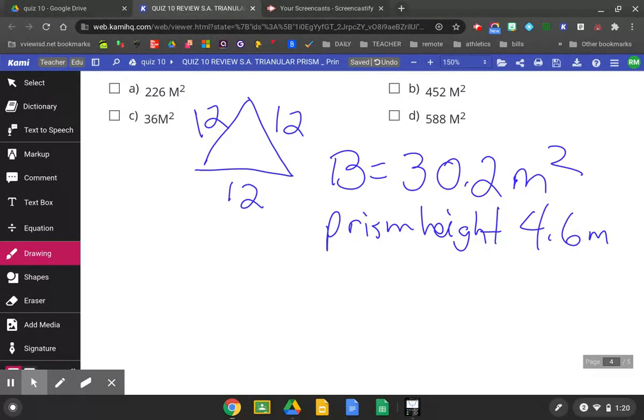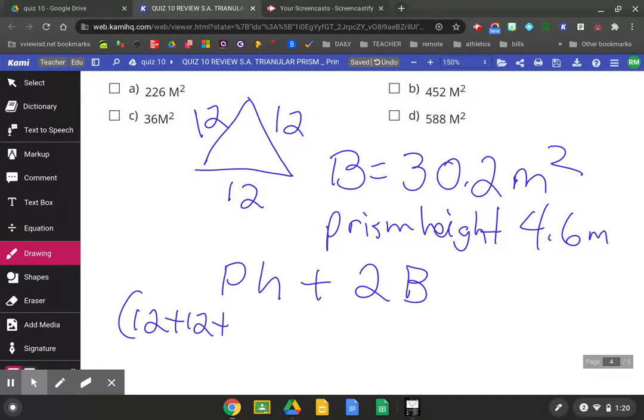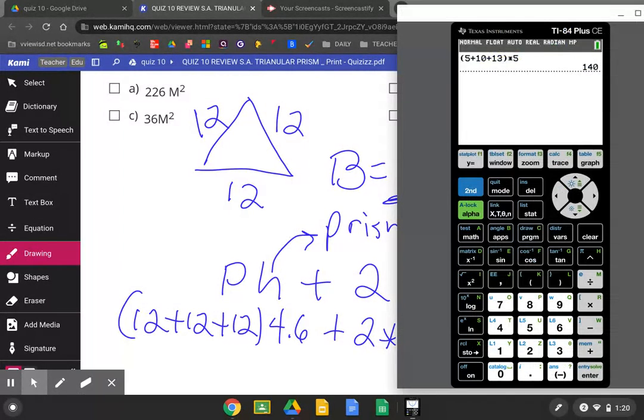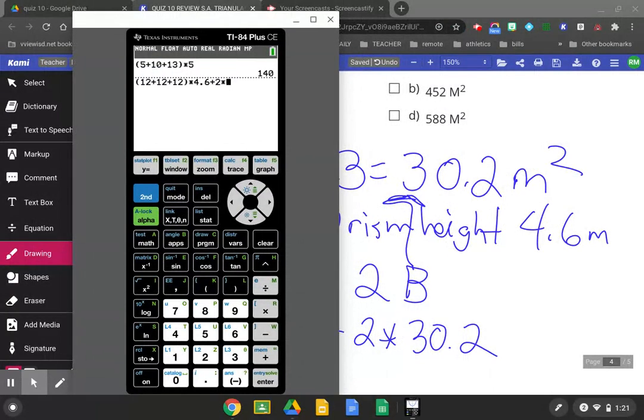So your formula, big PH plus 2 big B. You go 12 plus 12 plus 12, times the prism height 4.6, plus 2 times big B, which is 30.2. Let's put this in the calculator: 12 plus 12 plus 12, close parentheses, times 4.6 plus 2 times 30.2. And we get 226 out of it.